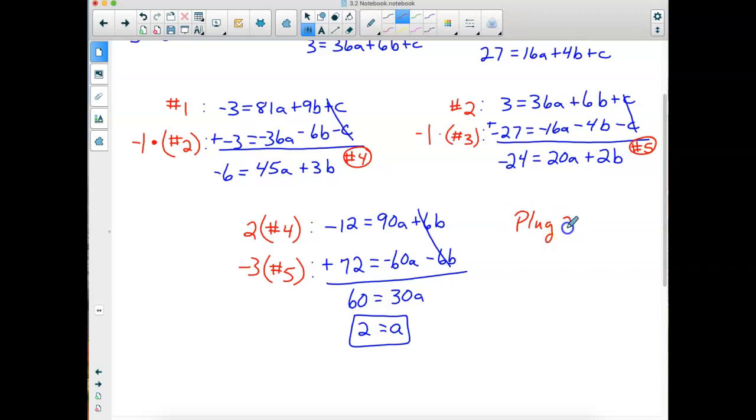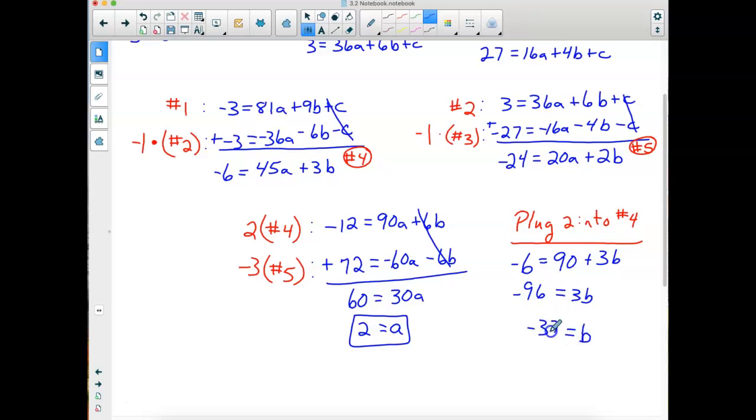That's going to give me -6 equals 45 times 2, which is 90, plus 3b, and lo and behold, I got a b. 3b is going to equal -96, so b has to equal -96 divided by 3, which is -32.